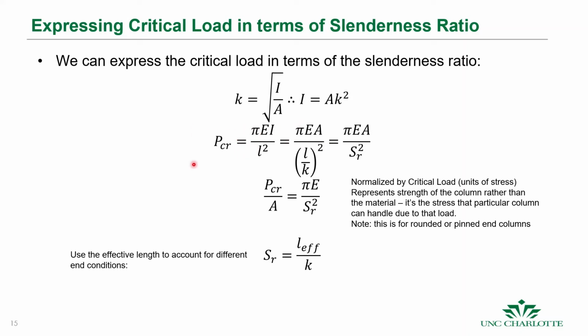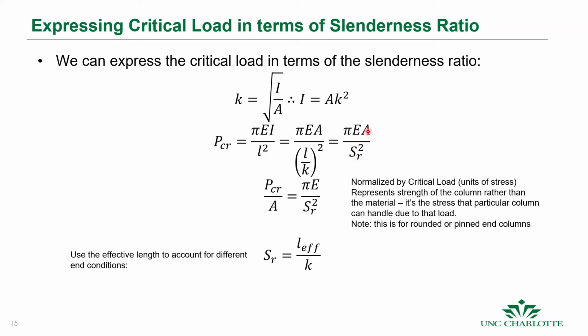I had to pause the video there and fix my algebra. So if we put I equal to A k squared, we put A in, and we can bring that k squared down here. Then we get pi squared E A over (L over k) squared, and that's the slenderness ratio. So we can express the critical load in terms of the slenderness ratio for a rod.